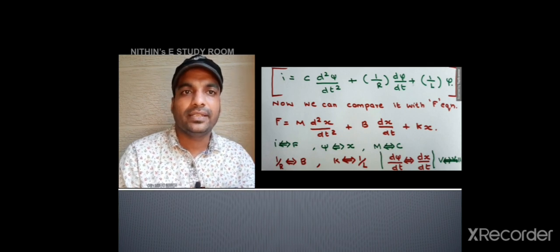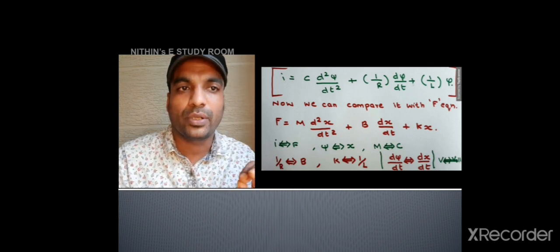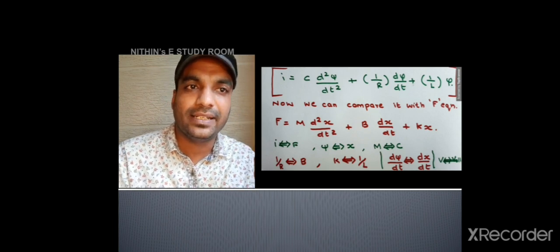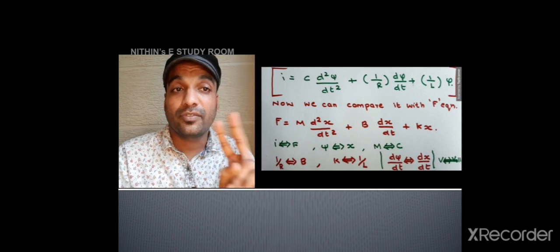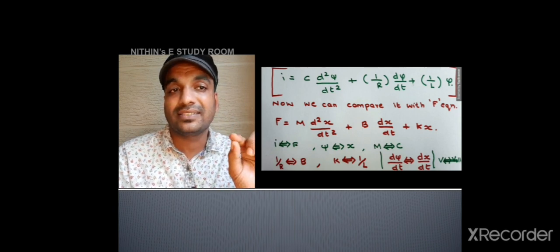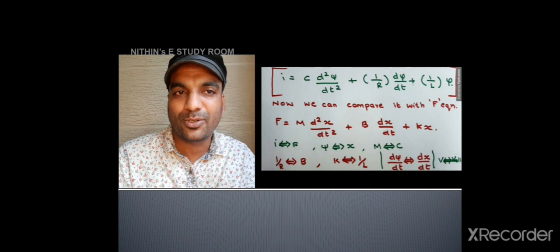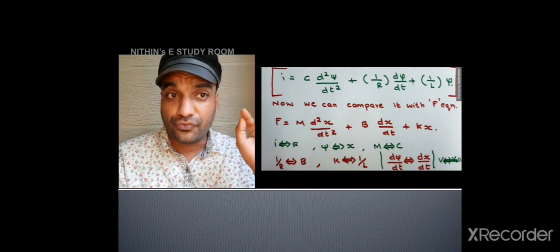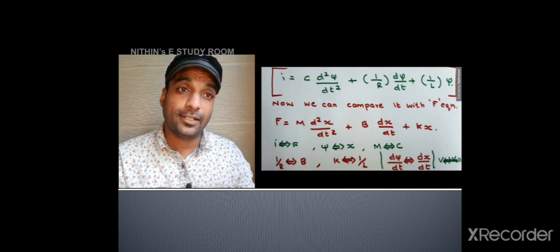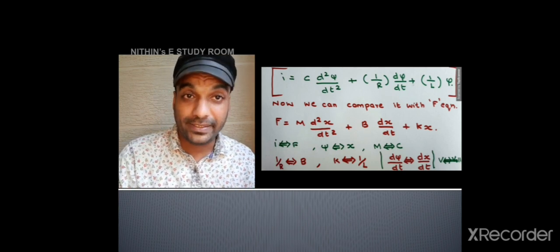What is d phi by dt? d phi by dt is nothing but voltage. And what is dx by dt? That is nothing but velocity. Both are v, so don't just write v is analogous to v. Write in detail: d phi by dt is voltage, that is analogous to velocity, dx by dt.